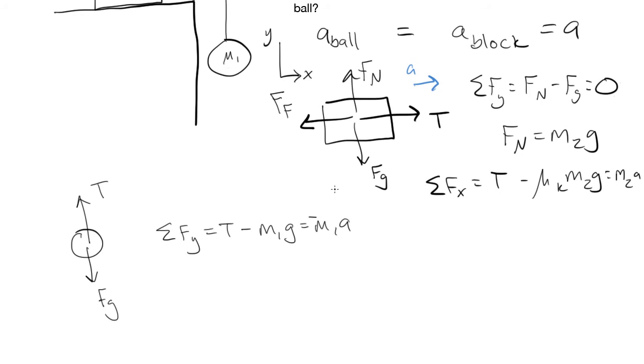Again, as long as I'm consistent here, even if I made the wrong choice of the directions, it would come out in the wash because I'd get negative signs where I would get negative signs. But I just have to be consistent. I have to make sure I put a negative sign there. So if I solve this for tension, I get tension is equal to mass 1, I'll factor out, G minus A.